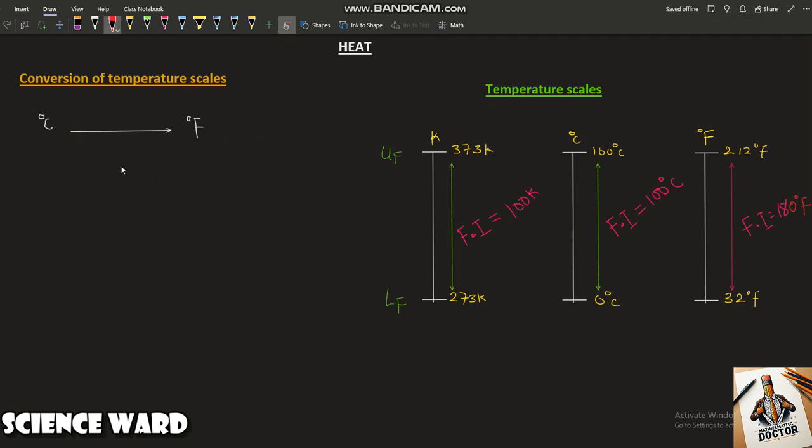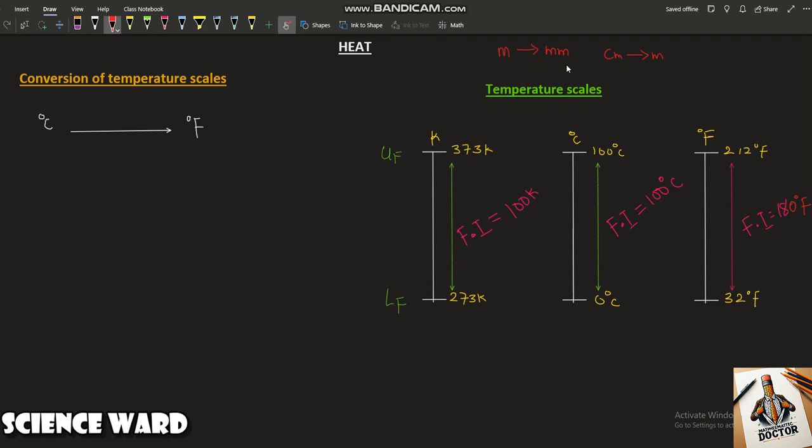The first formula we want to consider is to convert degrees centigrade to degrees Fahrenheit, just like you can convert from meters to millimeters, or centimeters to meters, and many more.